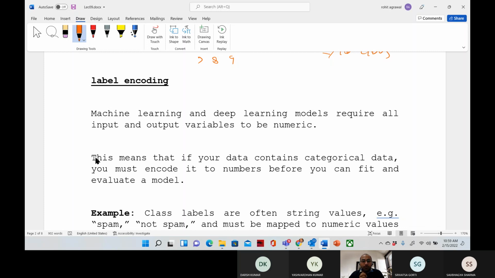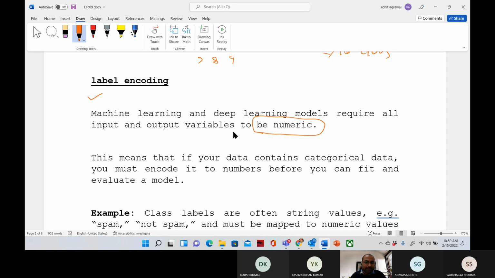So there is a terminology used in case of classification. When you read some book, you will find this thing, label encoding. So I'm just giving you a brief idea. In case of learning, our variables are required to be numeric.